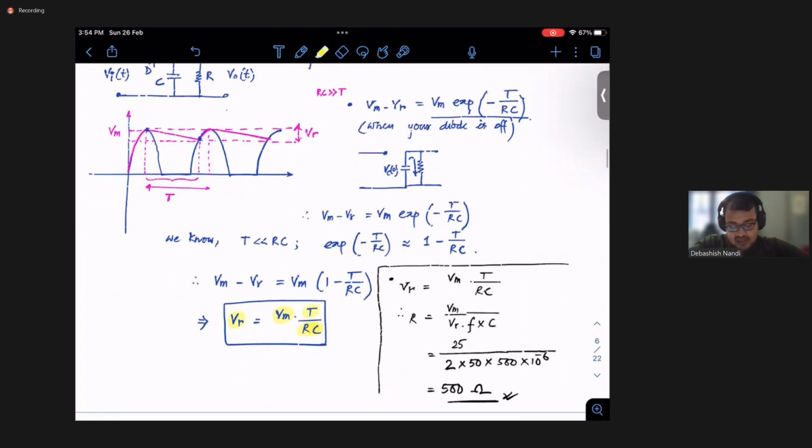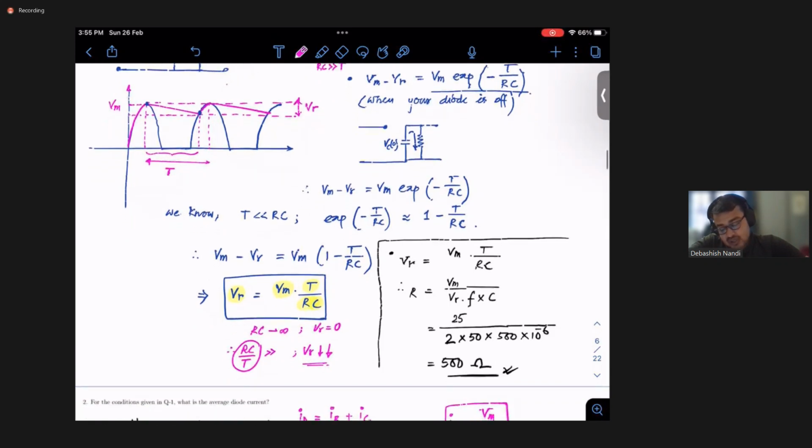So as you can see easily from here, if your RC is infinity, VR is 0 simply. The more the RC by T ratio, the lesser my VR will be, which is more desirable, right?